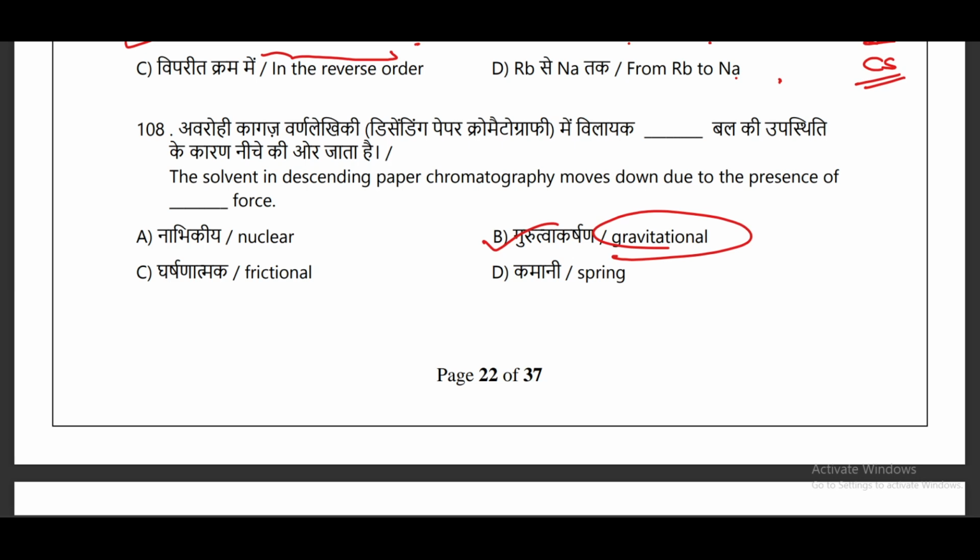This allows the solvent to carry the dissolved substances with it as it travels downwards, enabling the separation of different components based on their affinity to the paper and the solvent. So gravitational force plays an important role in descending paper chromatography. So B option is your correct answer in this question.